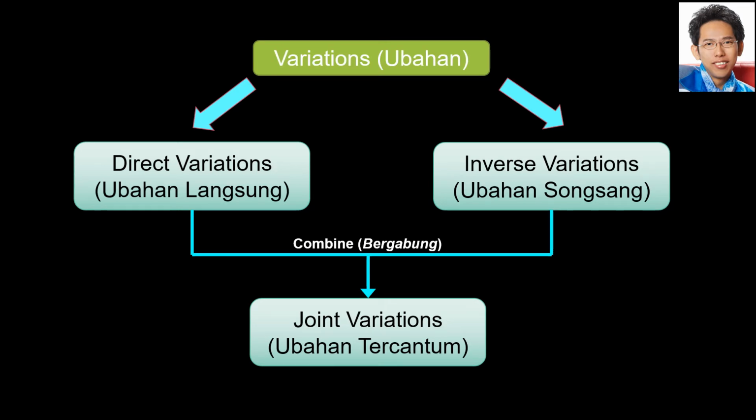Actually, joint variations can be combined, boleh gabung dua-dua atau tiga-tiga semua, ubahan langsung atau ubahan songsang sahaja, atau direct and inverse combined together. Okay, so for the joint variations is mostly our questions in SPM.